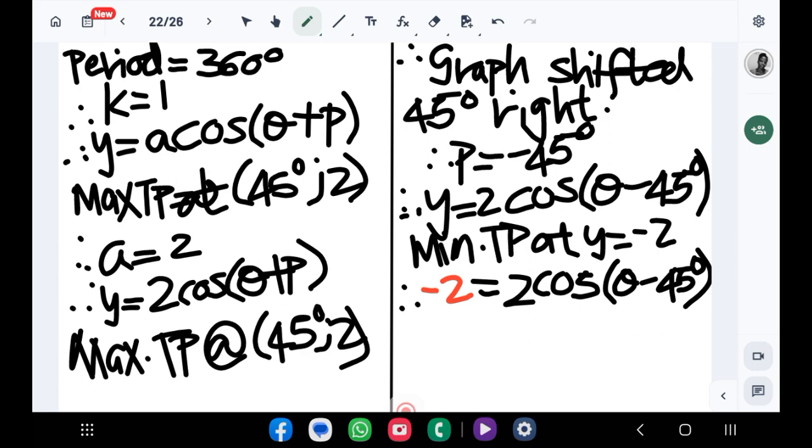Now divide both sides by 2, you get negative 1 equals cos of theta minus 45 degrees.